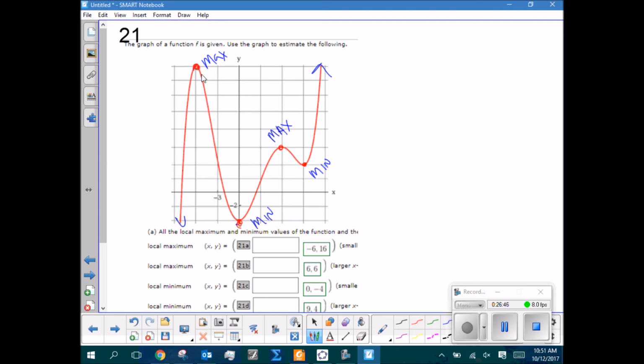Okay, so I'm just going to highlight, to get through this problem a little bit quicker. If we look at those y values in that yellow region, they are increasing.